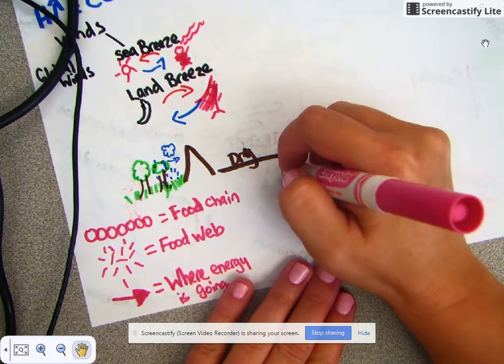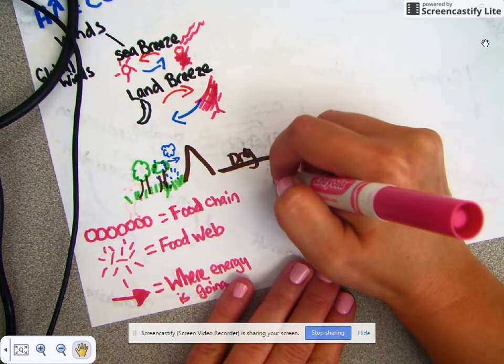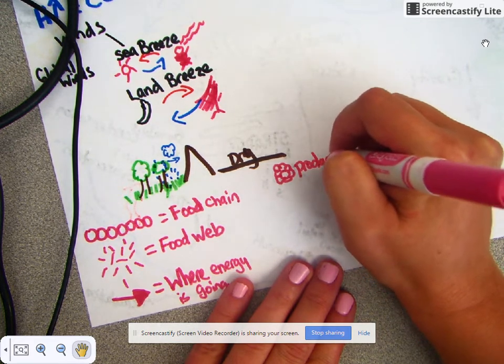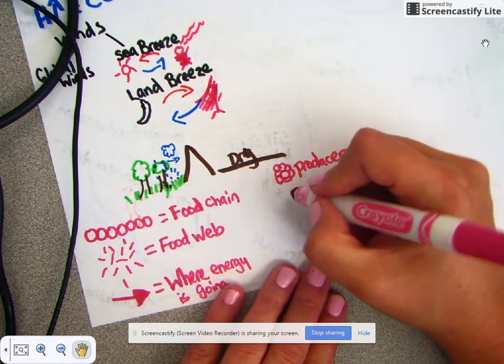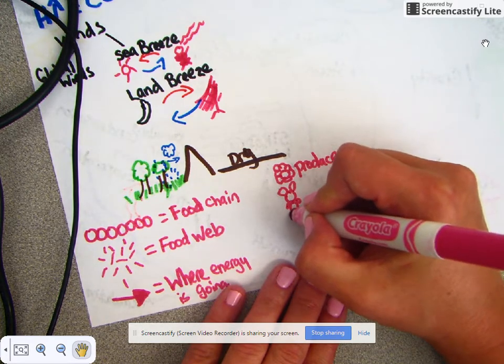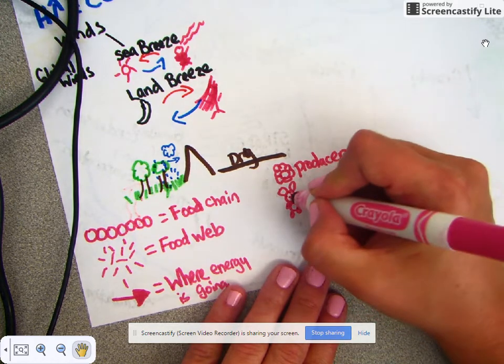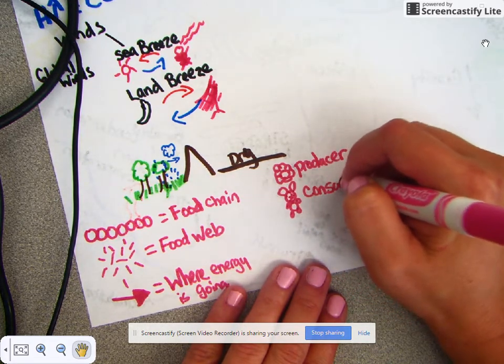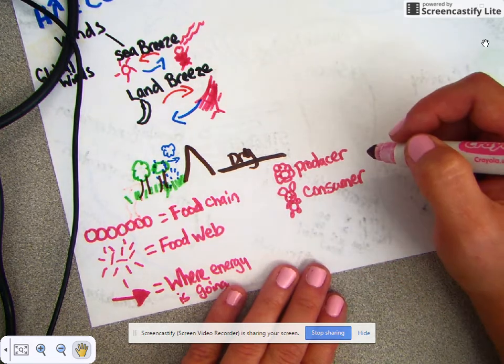We're going to give ourselves a producer. And I'm going to draw myself my beautiful bunny. Okay, and he's a consumer. He's a first level consumer, but he's still a consumer.